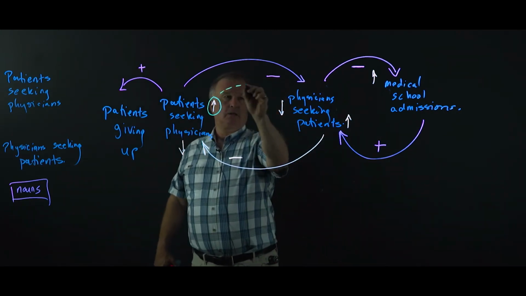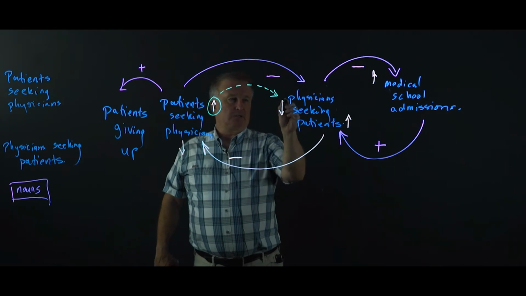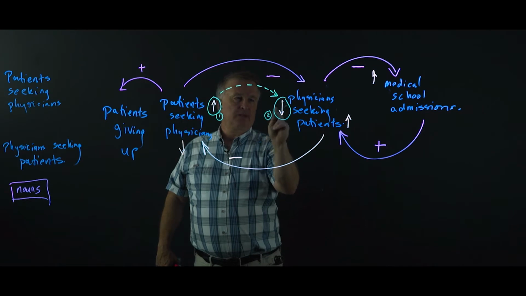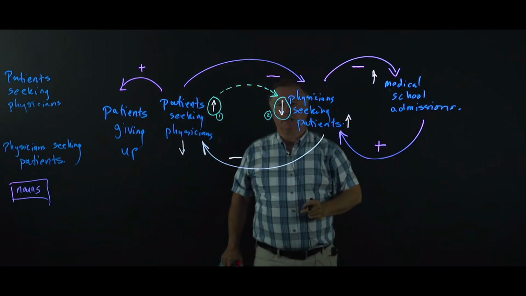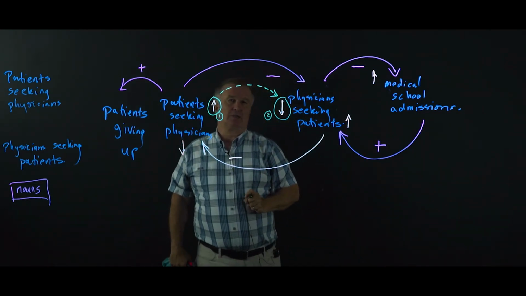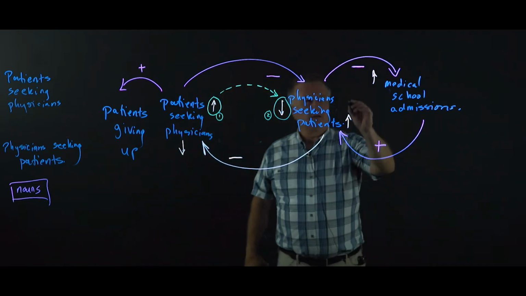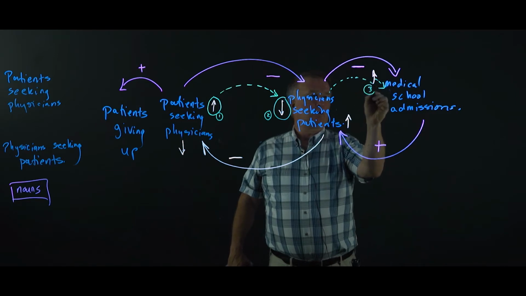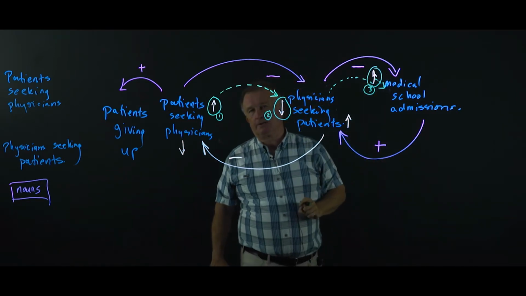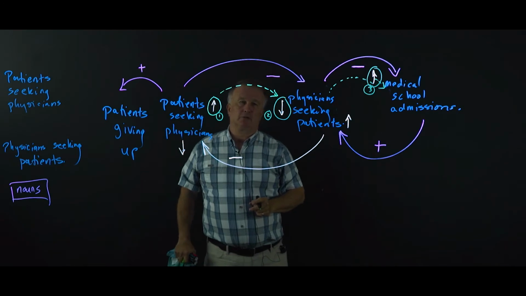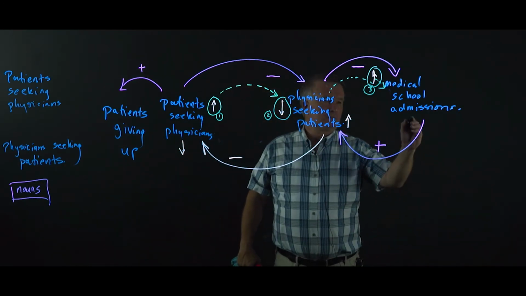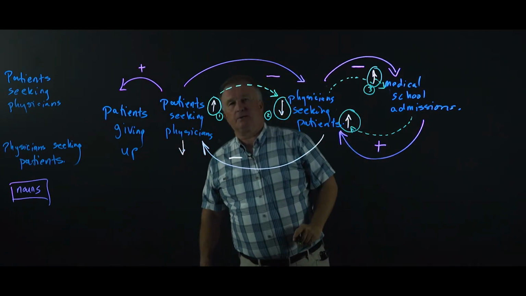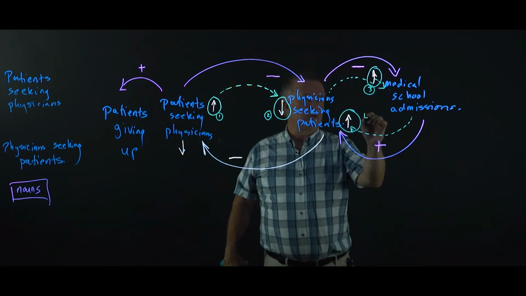We said that causes a decrease, we'll call that 1, we'll call this 2. That causes a decrease in the number of physicians seeking patients, which causes an increase in the number of medical school admissions, which now increases the number of doctors looking for patients.